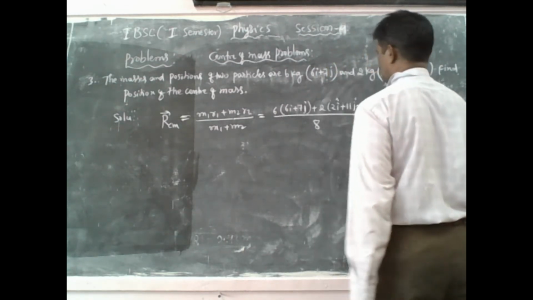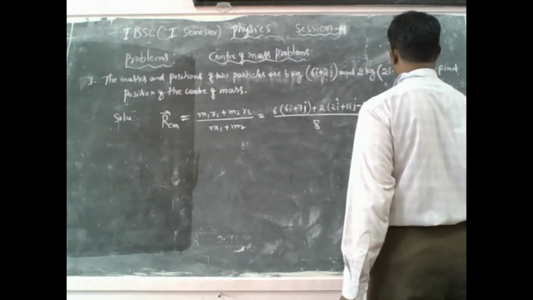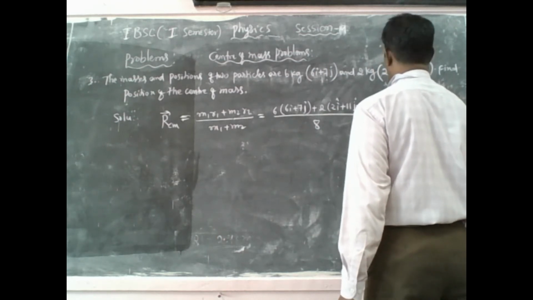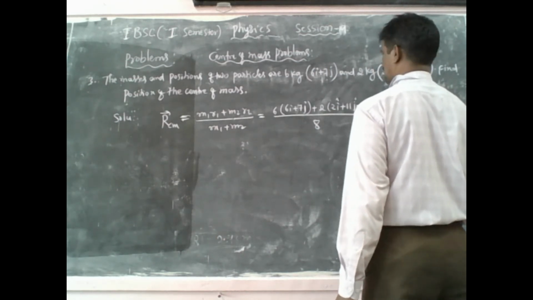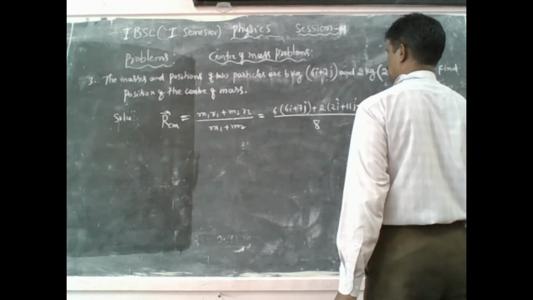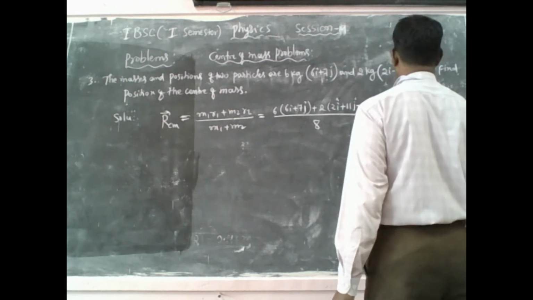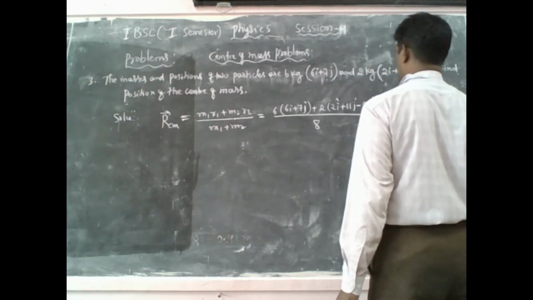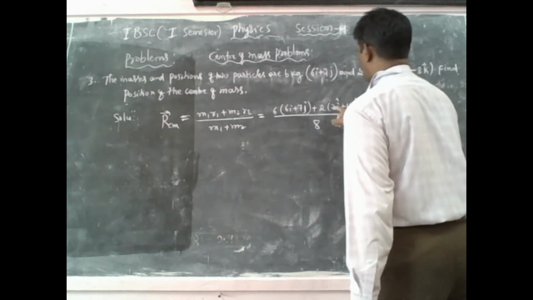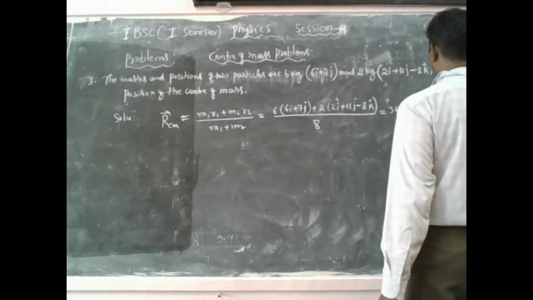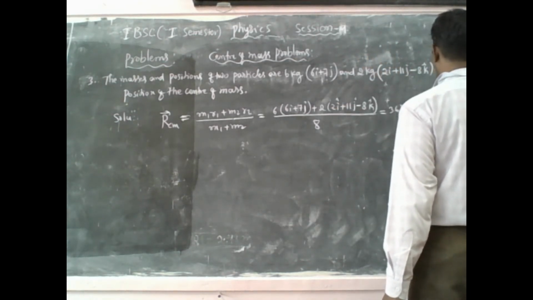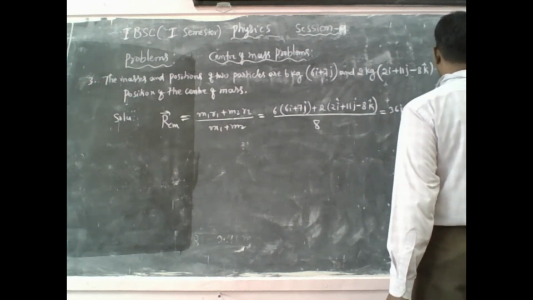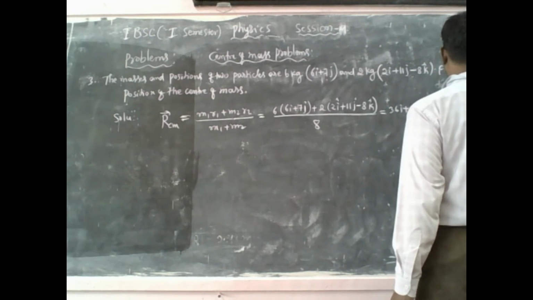So therefore we can simplify the numerator. 6 sixes are 36i plus 6 sevens are 42j, plus 2 into 2 is 4i plus 22j, minus 16k, isn't it?